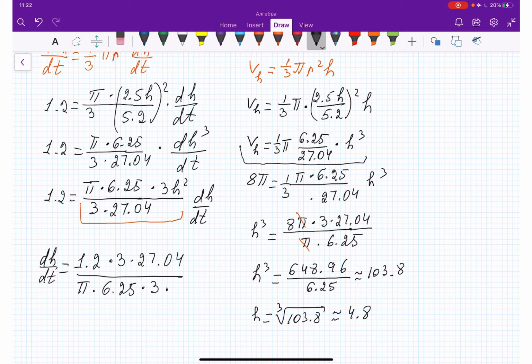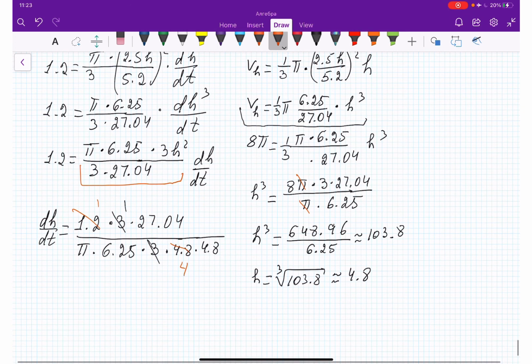How much is my h? We calculated 4.8, right? Since it's squared, I'll put 4.8 twice. Not a big deal. So the 3 I can cancel with this 3. So 4.8, I can divide by 1.2, right? This 1.2 is gone. This is going to be 4 times.